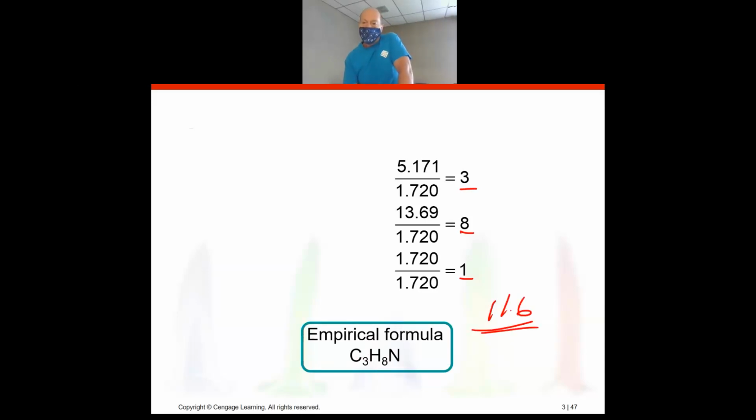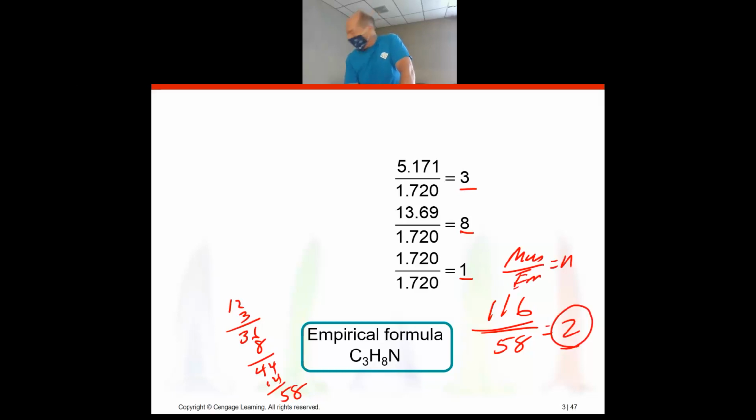So the molar mass was given as 116. And so we have to then divide by the empirical mass, which is 12 times 3, 36, plus 8, 44, plus 14, 58. And so when you divide 116 by 58, you get 2. So you take your molar mass divided by empirical mass, and you're going to get an integer, and that integer is a 2.